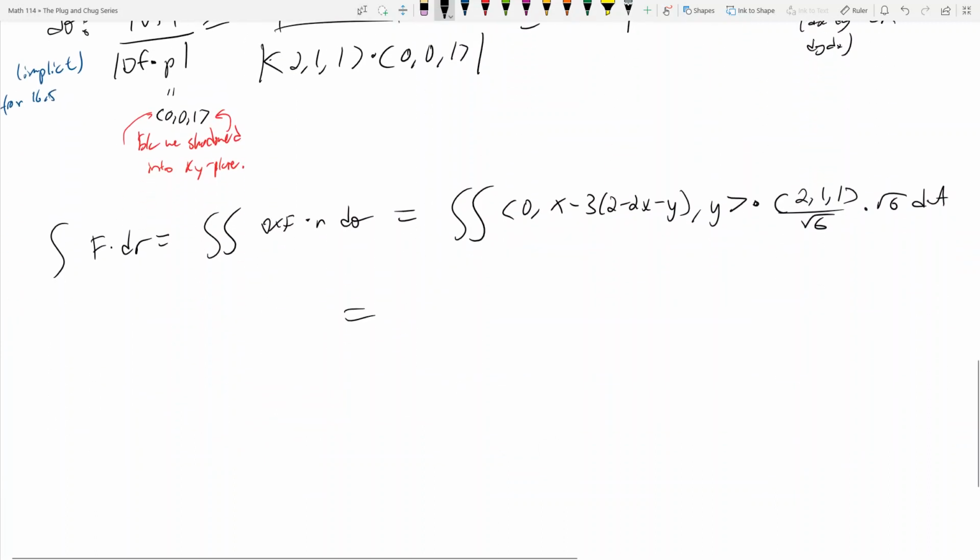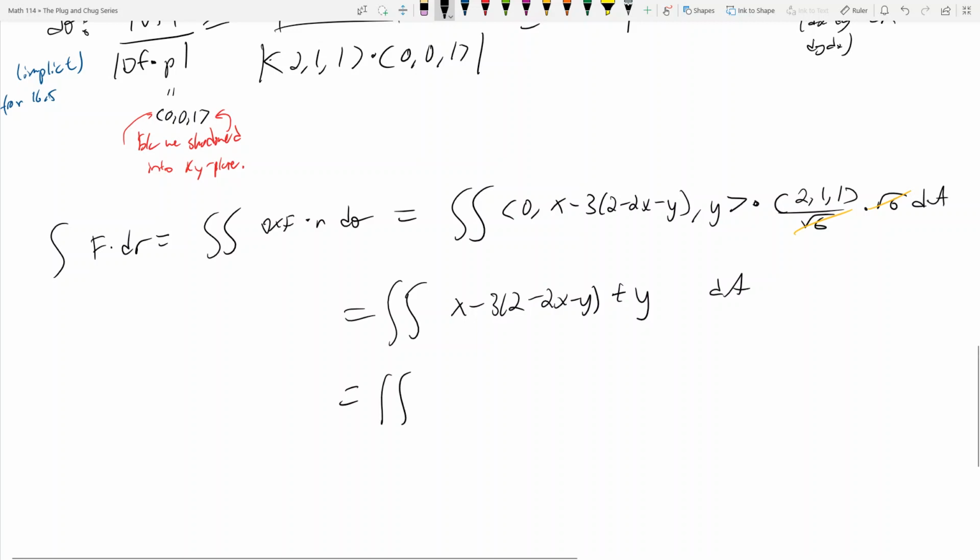So now, okay, so now what? Now I have the double integral over my region, and this dot product becomes, well, these canceled, the root 6 is canceled, that's good. So now I just dot it with 2, 1, 1, and so I get x minus 3 times 2 minus 2x minus y, and then plus y dA.